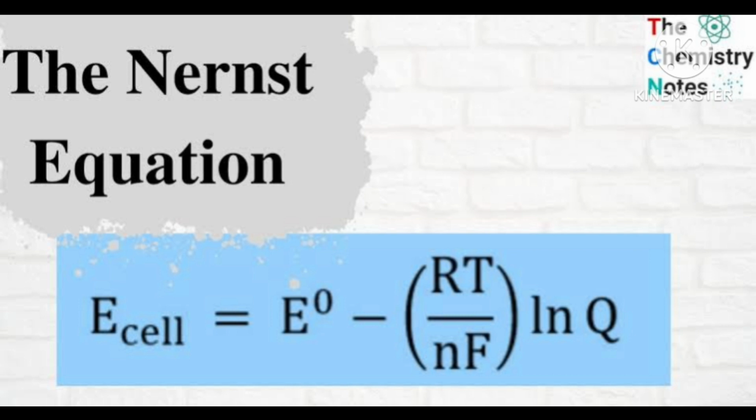Now you put the values of x and y: 1 upon Zn plus plus divided by 1 upon Cu plus plus. Correct? This is the only step.